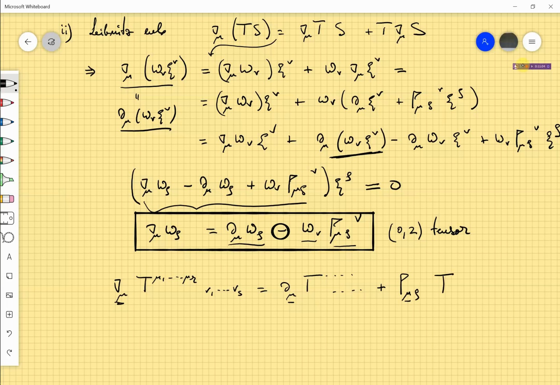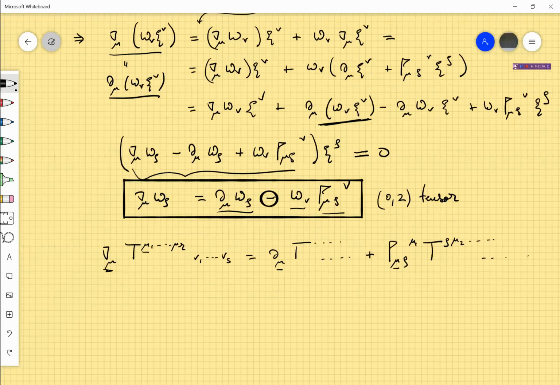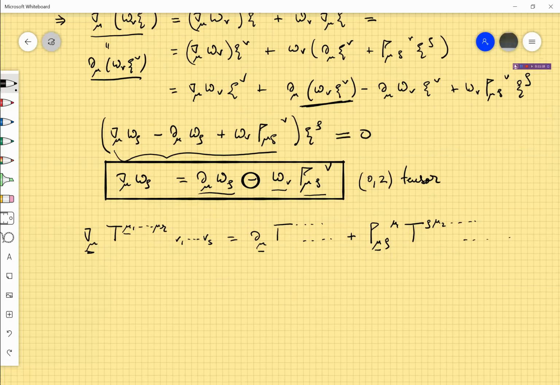The first contravariant index mu is replaced by rho, and mu 1 comes here, then mu 2 and so on, and these are untouched. And you repeat the same thing for every contravariant index.